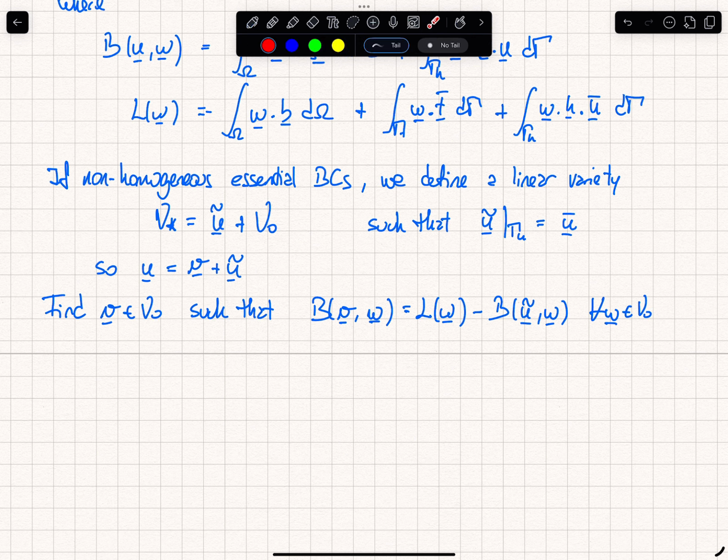And as we know already, this u tilde is a function that a priori satisfies the boundary conditions, so that is known. Eventually it is going to modify the right hand side of the expression and change the force vector accordingly.